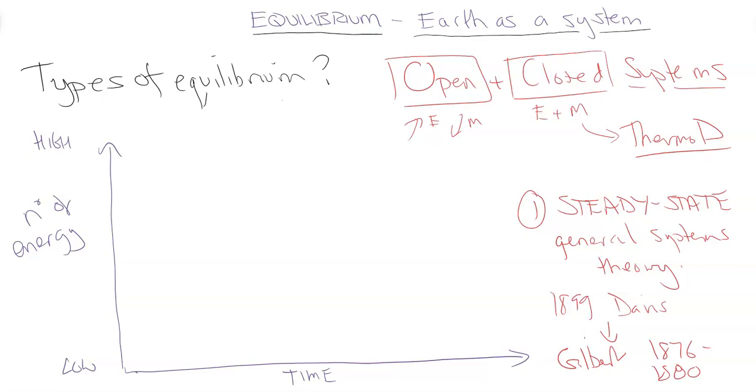So a steady state would be like this. You have these small fluctuations, but it's pretty linear. There are small fluctuations, small changes, alterations to the equilibrium.